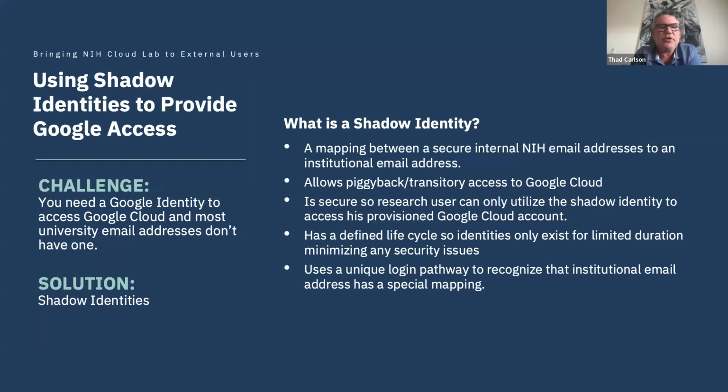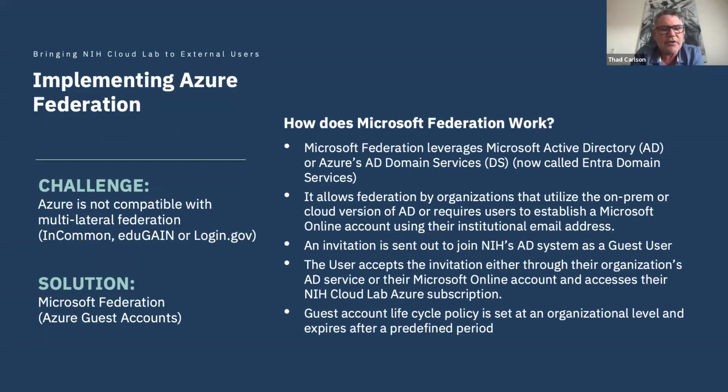So let's jump to Azure. So again, basically, since we couldn't use any of our standard tools, we're using Microsoft Federation. And as I said, we leveraged, if an organization basically uses Microsoft as their identity provider, either as Microsoft Active Directory or Azure Entra, which is the cloud-based version of it, we could leverage that to basically link that federation method to our Active Directory.